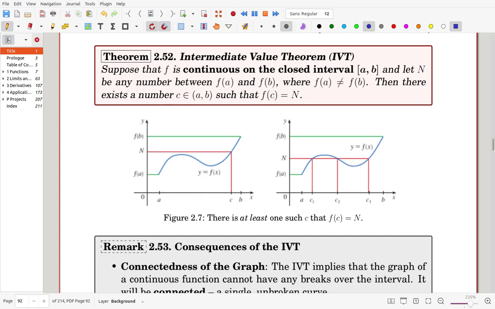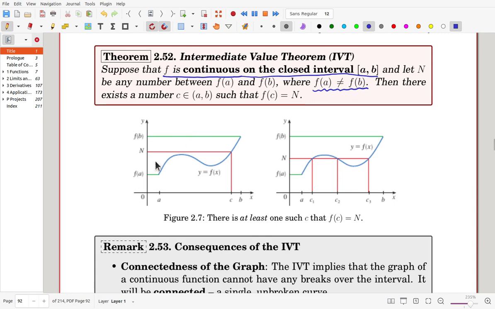Okay. Now, the first condition is that f is continuous, defined on a closed interval a to b. So that is the condition: a continuous function defined on a closed interval. And secondly, here we have f(a) is not the same as f(b).